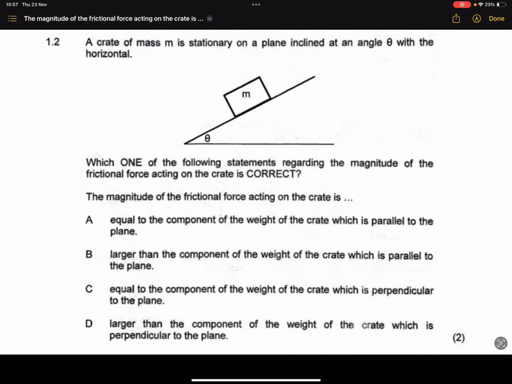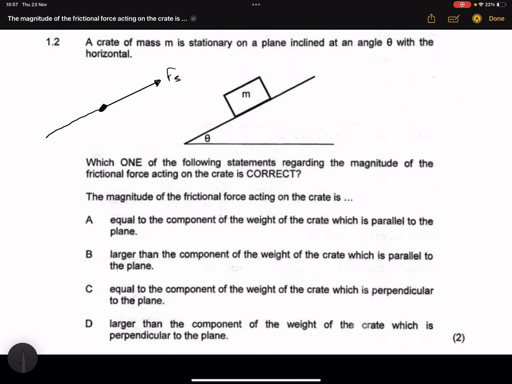Now, if we were to draw a free body diagram for this, you note that, of course, if we were to let it go, it should slide down, ideally, but it doesn't. They said it's stationary, so we know it means that friction would be opposing the motion going down, right? So that's static friction, actually, and not kinetic, okay?